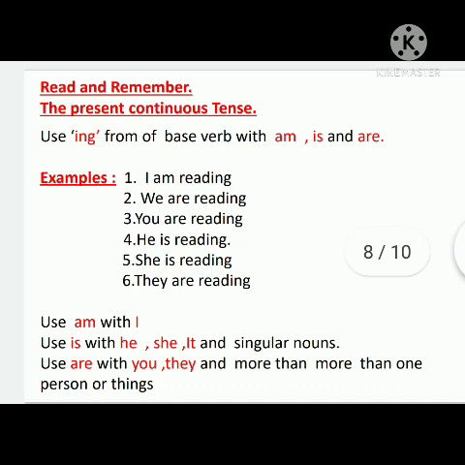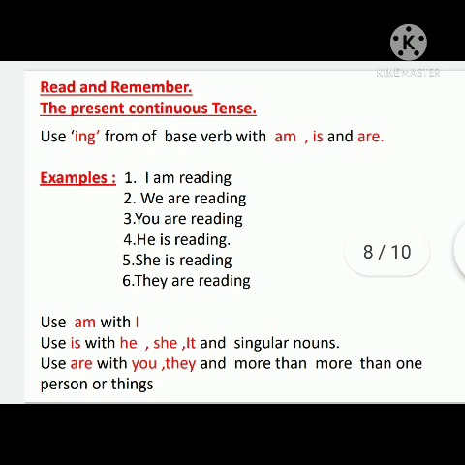So let us see examples. I am reading. For the verb read, we should add ing, reading. Next one, we are reading. For we, we have to use the helping verb are.